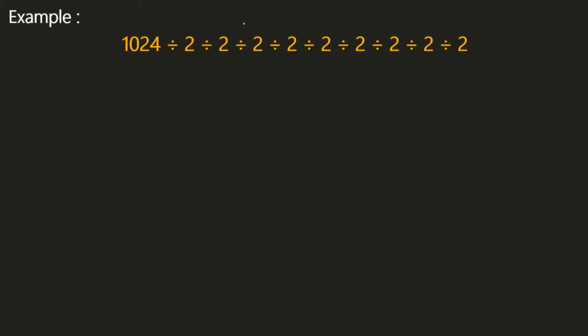So earlier, if you remember, we solved this problem by using reciprocals to convert the divisions into multiplications. What we did was we started with 1024. Instead of divide by 2, we multiplied by its reciprocal.